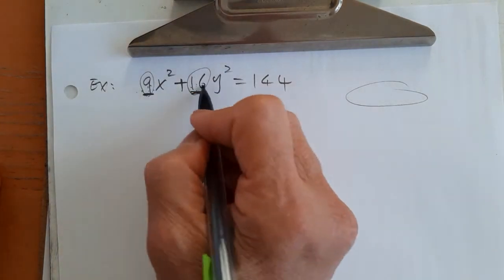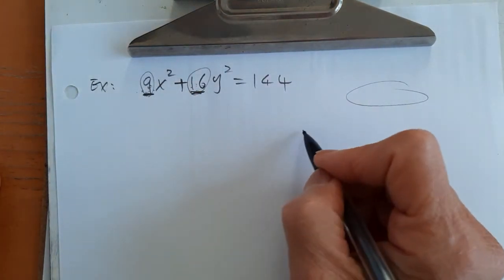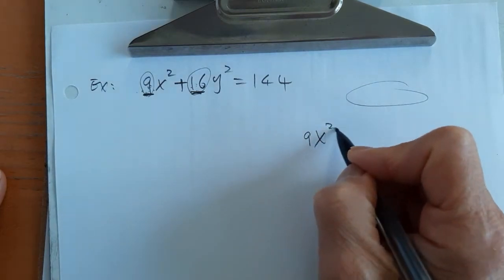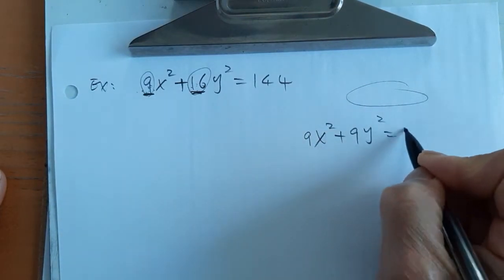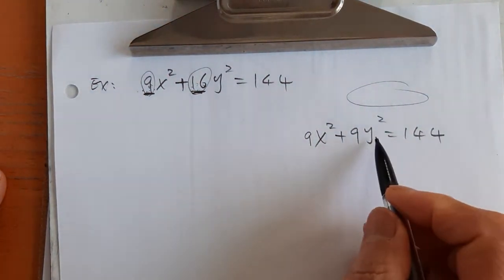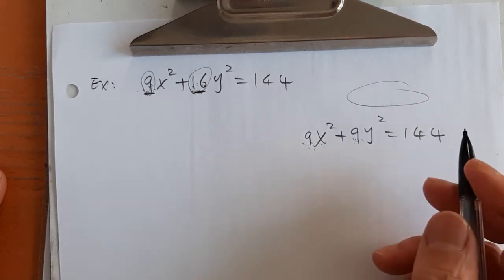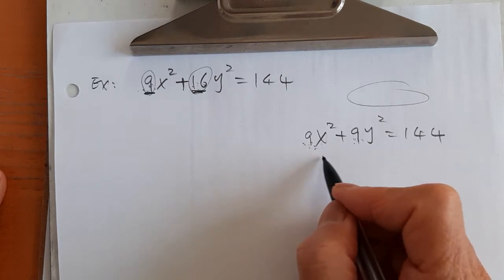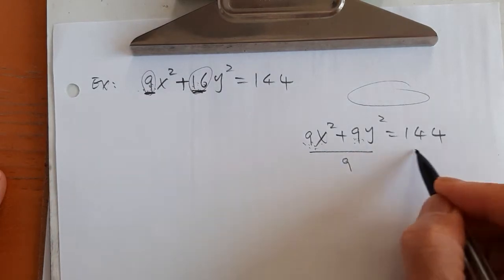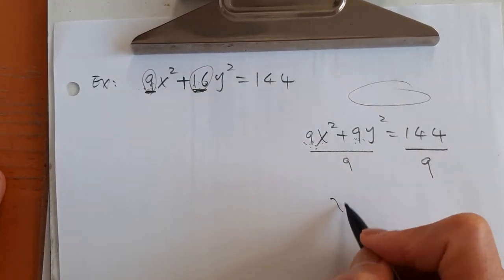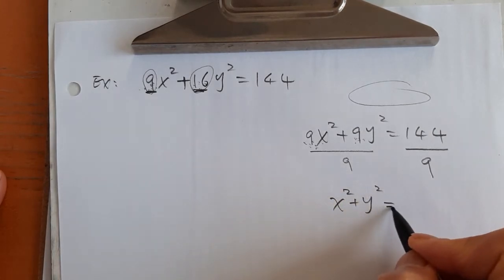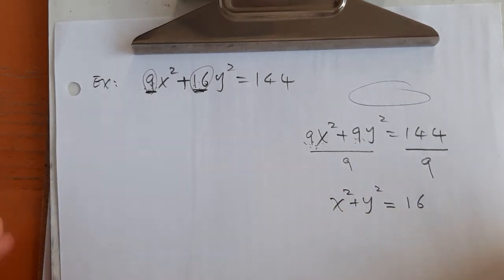If the two numbers are equal, for example 9x squared plus 9y squared equal 144, same sign and equal, the graph is a circle. You can divide it by 9, get x squared plus y squared equals 16.